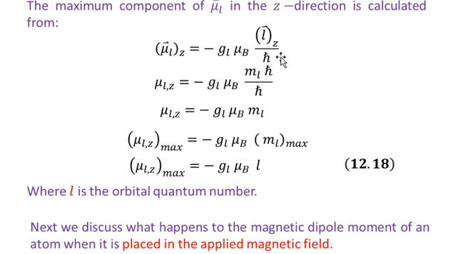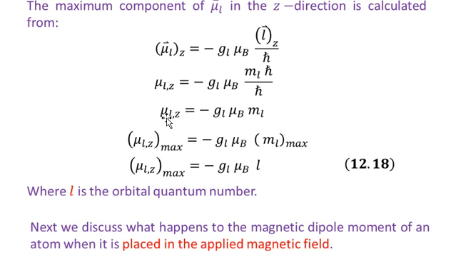And you can cancel out h bar over here. On the left hand side, I have written mu with the subscript L and Z, because now this is a scalar quantity, and I am talking about the Z component of mu L, that is, the component of mu L in the direction of the magnetic field.